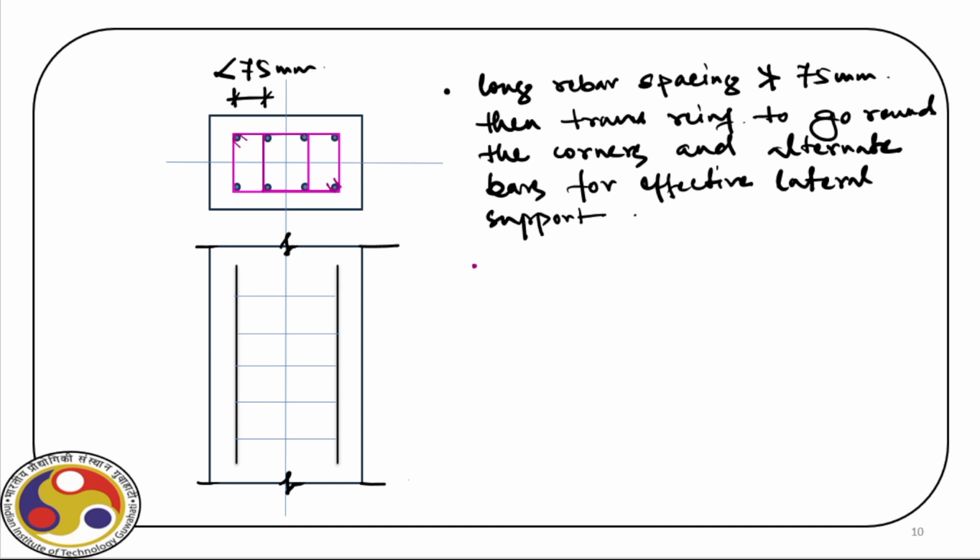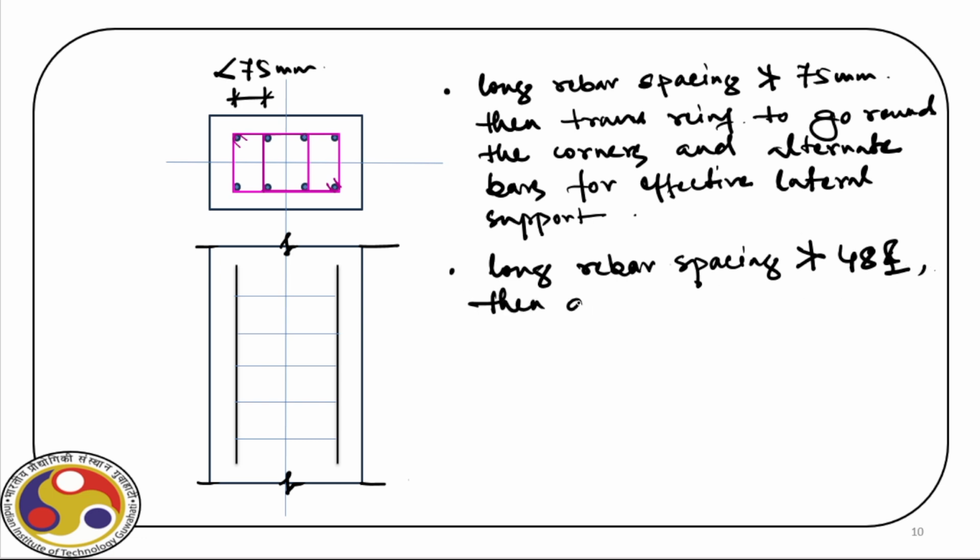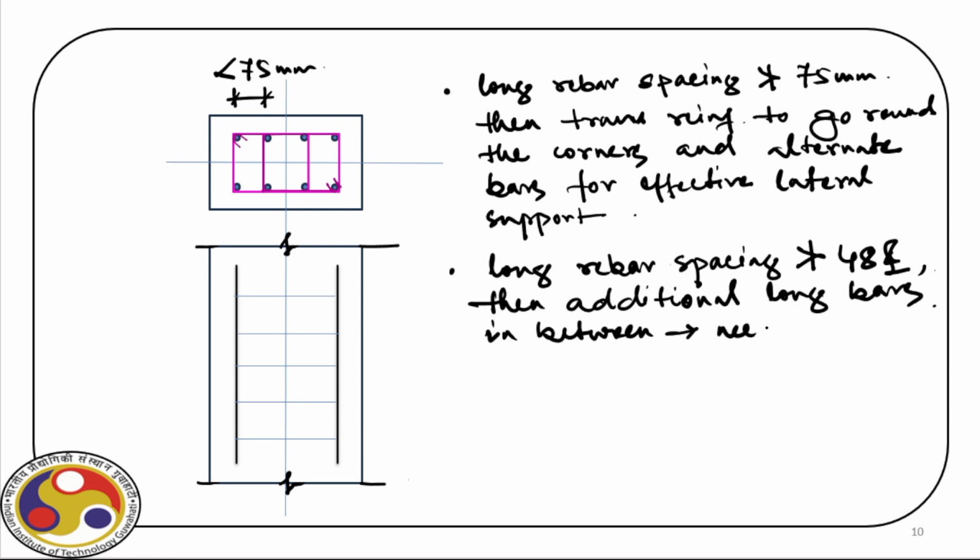Now, if we have a different case, where the longitudinal rebar spacing is not greater than 48 phi, then additional longitudinal bars in between need to be tied using open ties.